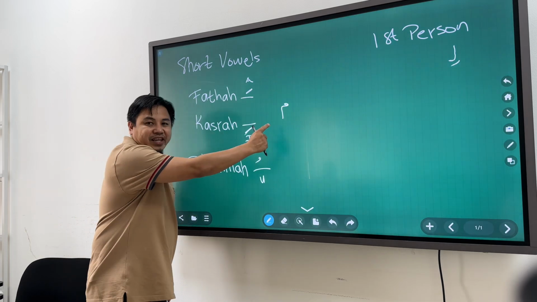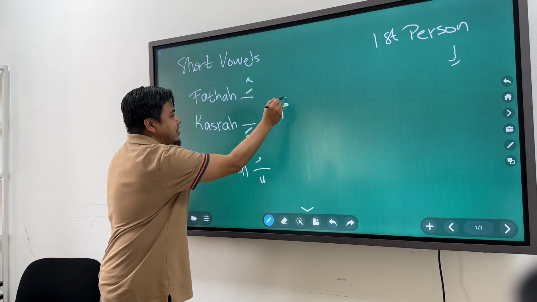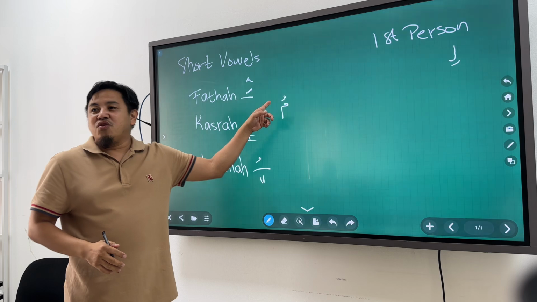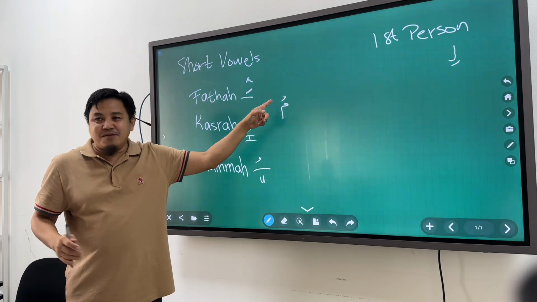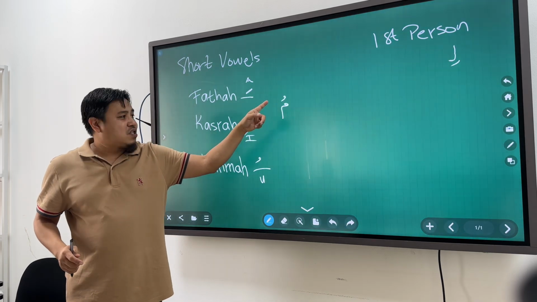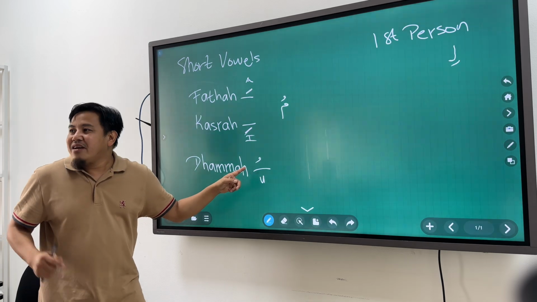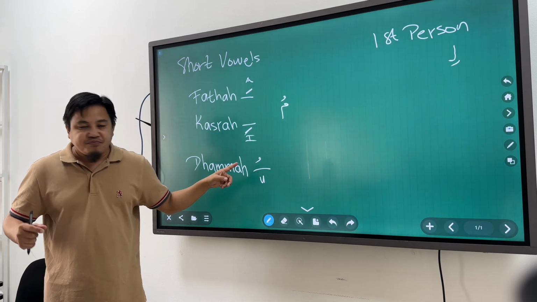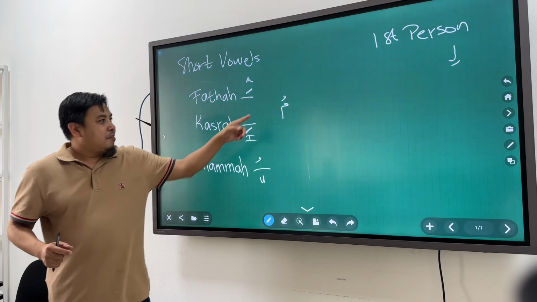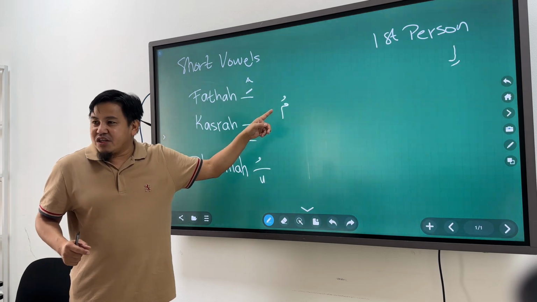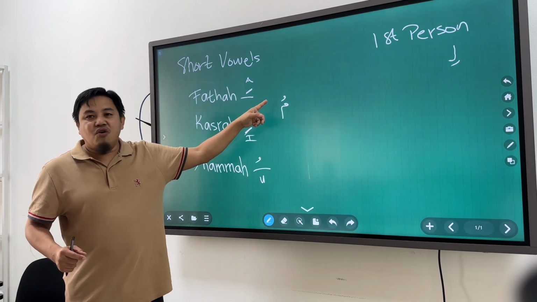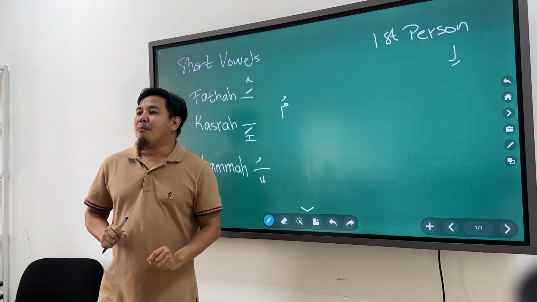Like for example, again, the letter mim. When you place this small dhamma symbol, similar to waw, dhamma will give you the sound u. Dhamma u, the consonant letter is mim, with dhamma u, you read it as mu.